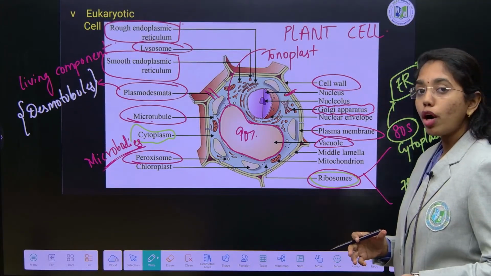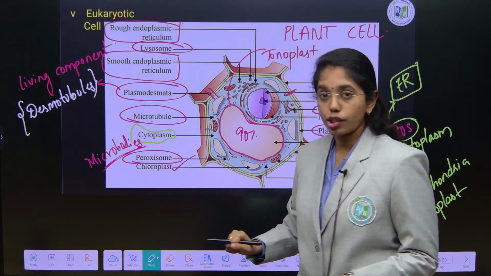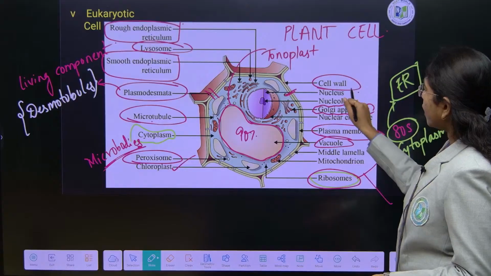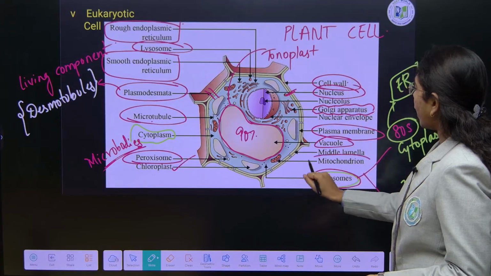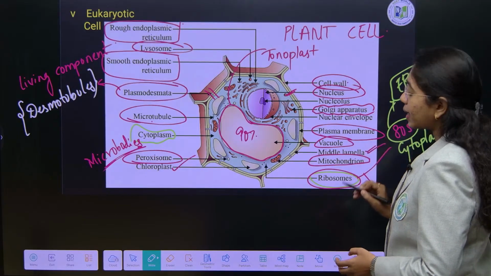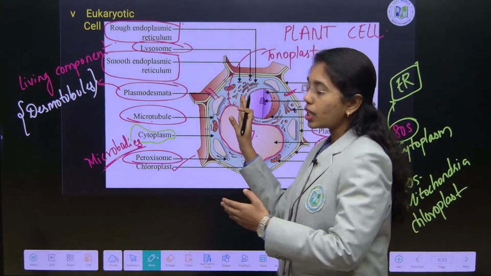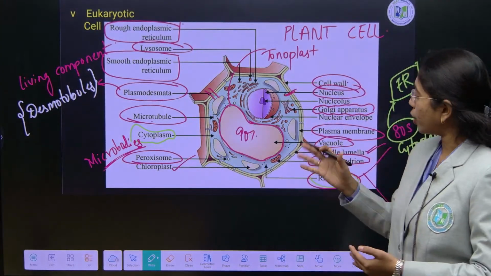And then we move on to double membrane bound organelles. Of course, first it is chloroplast, then nucleus and then mitochondria. And here there is one more labeling inside the plant cell wall, which is the middle lamella. When we are dealing with the cell wall of a plant cell, we will look into it more clearly.